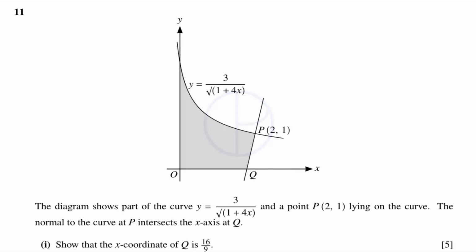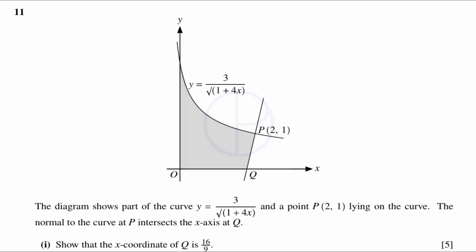Okay. So the equation of the curve is given and a point which lies on the curve is also given. And PQ is the normal to the curve at P. Okay.